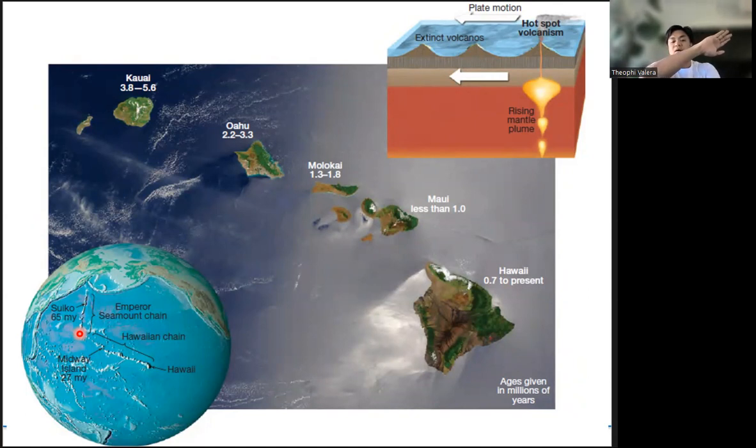But then, sometime 65 billion years ago, nagbago actually yung motion, so that you have two different trends from an Emperor Seamount chain to Hawaiian Seamount chain. You can think of it as, ganyan muna, tapos nag-rotate yung Pacific Plate, tapos nag-move siya ulit pa ganon, so that change ng plate motion na yon resulted to these two chains of volcanoes.